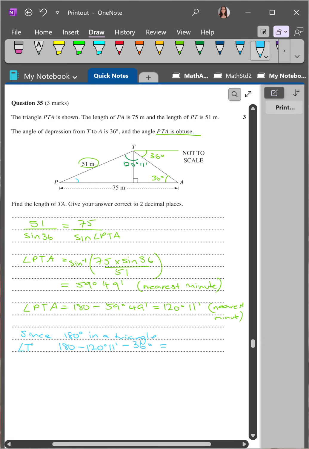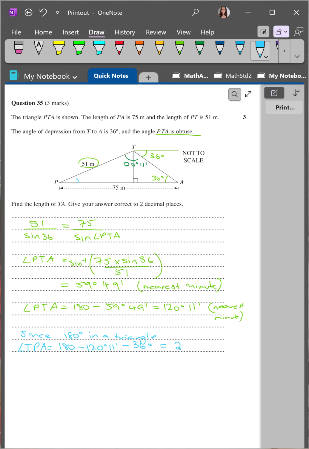So angle TPA equals this, which equals 23 degrees and 49 minutes to the nearest minute. Okay, so this is 23 degrees 49 minutes.